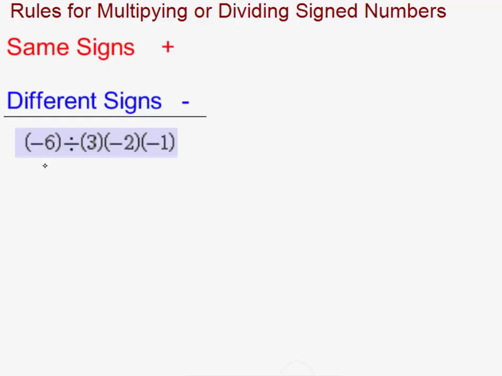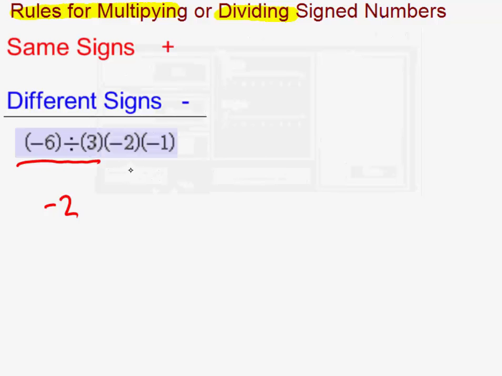So let's perform our first operation, negative 6 divided by 3. Well, 6 divided by 3 is 2. And the rule for multiplying or dividing signed numbers, in this case dividing, is that since the signs are different, this was negative and this number was positive, the answer should come out to be negative. So this gives me a negative 2.